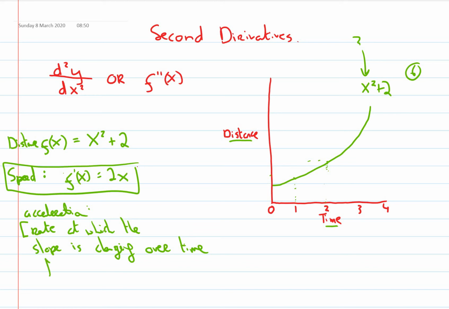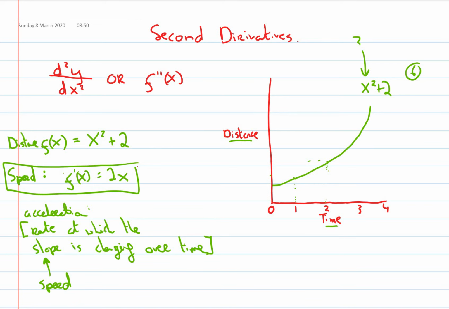And remember, slope is really speed. So any of you interested in cars and racing, the acceleration is really the rate at which the speed is changing over time. So it's the increase in speed, but at what rate is that increasing or decreasing? So at what rate is the speed increasing or decreasing over time?